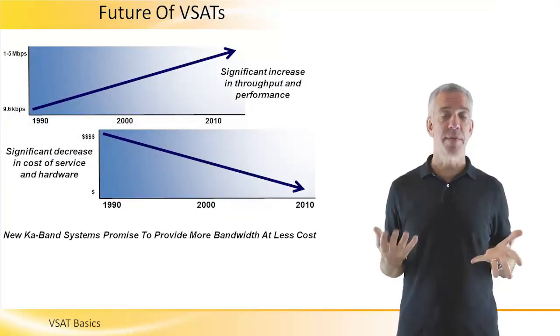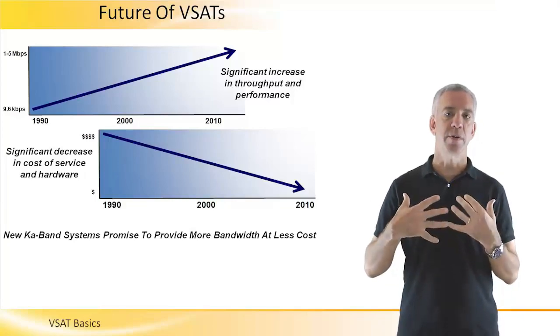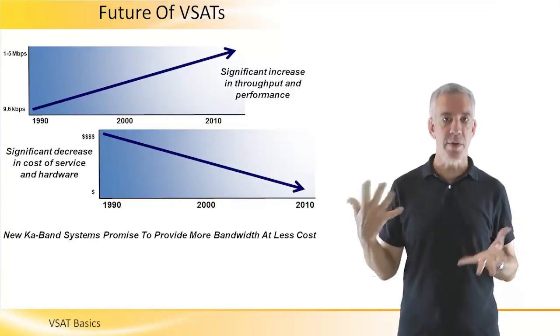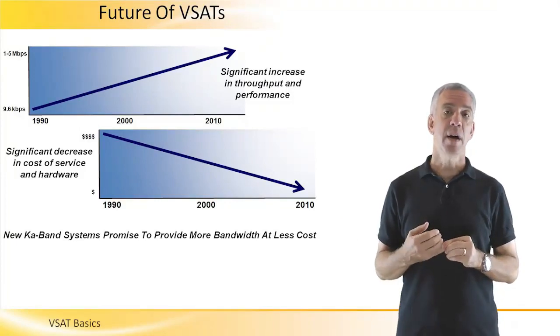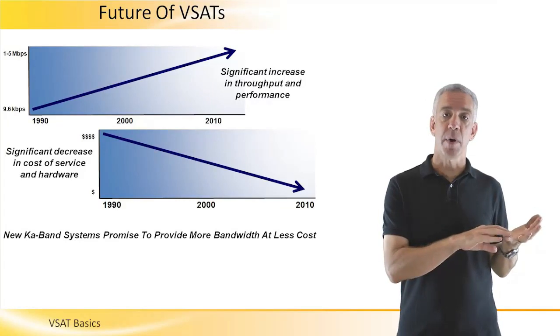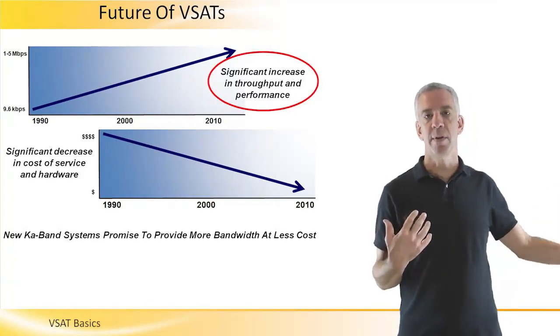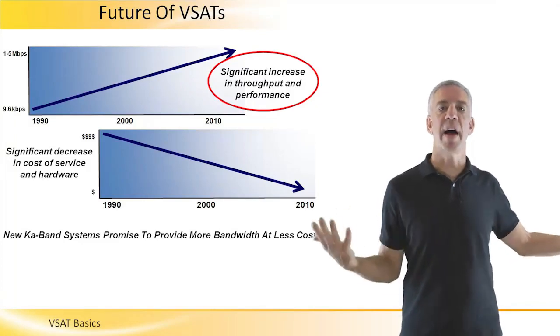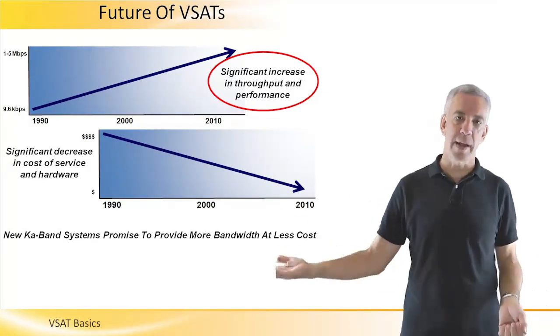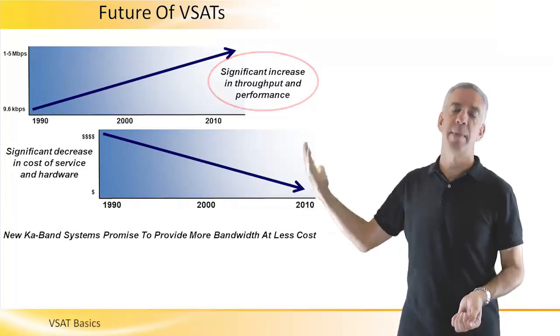VSATs have evolved significantly over the last 20 years, and there's tremendous promise that they will continue to evolve significantly in the near term. They've evolved in the sense of performance and throughput. It used to be a VSAT would enable service of 9.6 kilobits. Now they enable services of 1 to 5 megabits, and in the future it'll be 20 megabits.